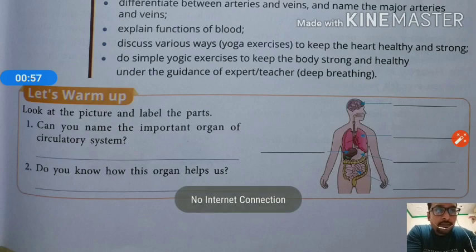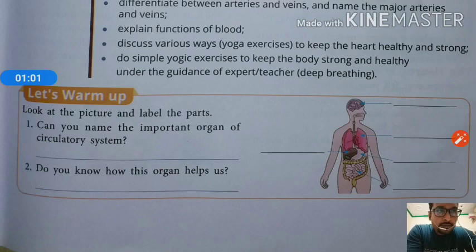The second in the picture is our lungs. On the left side, you can see the liver. Then on the right side, number 3, you have the stomach. And the last picture shows the small intestines.